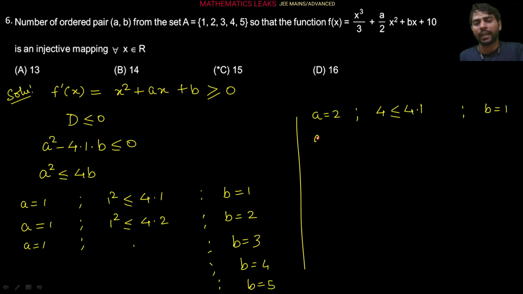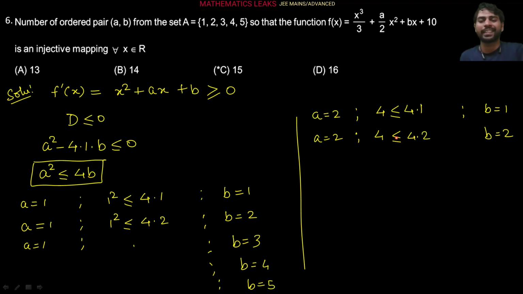Similarly, if a is 2 and b is 2, then 2 square, which is 4, is less than or equal to 4 into 2, which is 8.